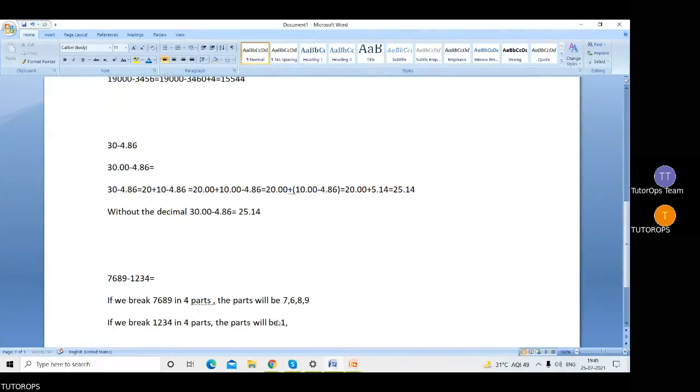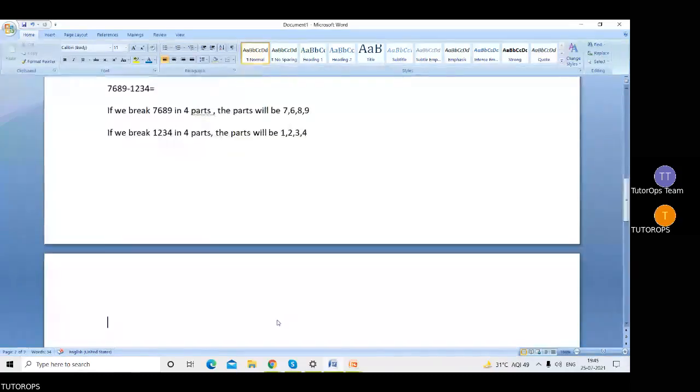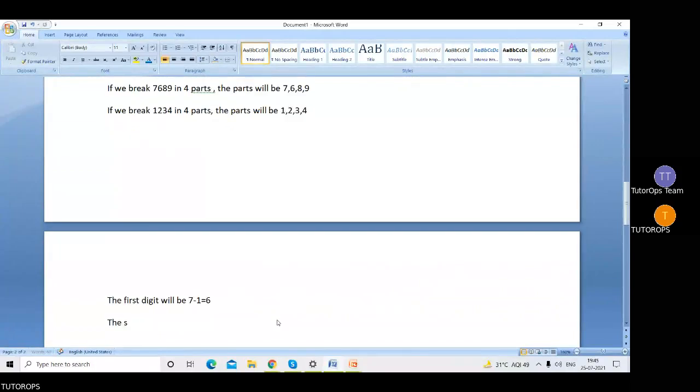Now if we do the usual method of subtraction, the first digit will be 7 minus 1, that is 6. The second digit will be 6 minus 2, that is 4.